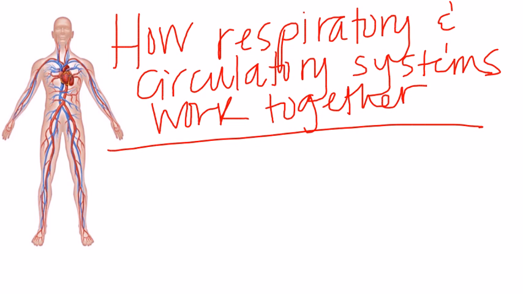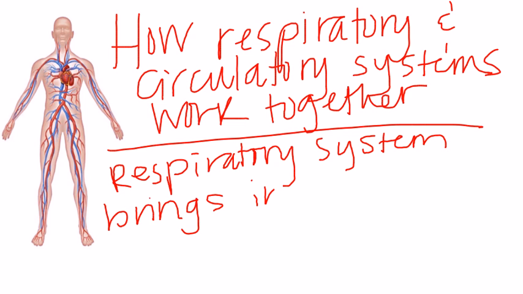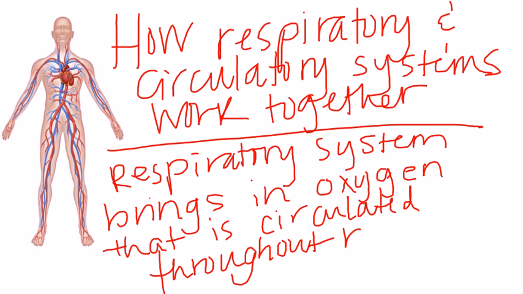It's hard to really explain one without the other, but the respiratory system brings in our O2, that is then circulated throughout the body to the cells. And vice versa. Do not forget that the cells then send the carbon dioxide back.